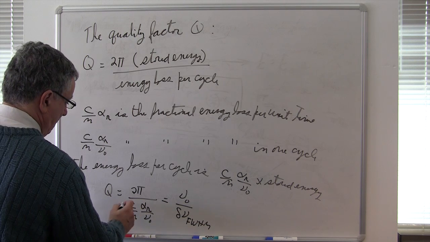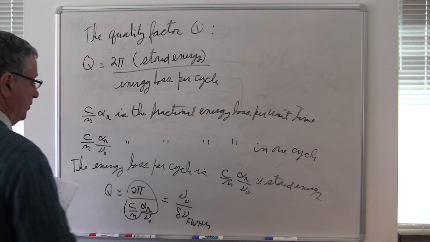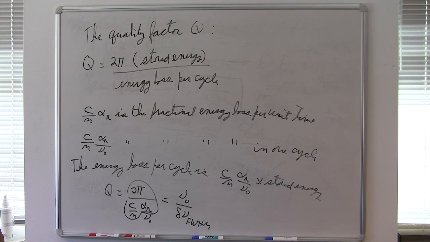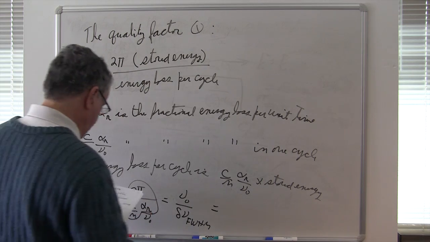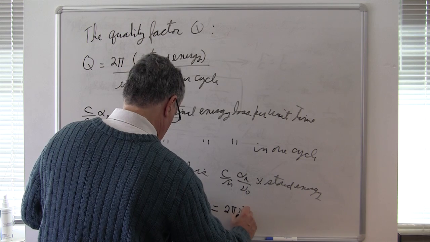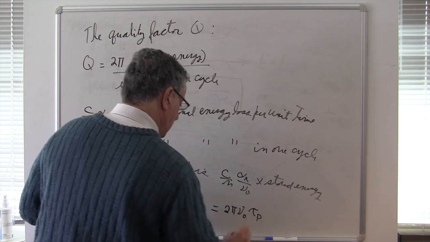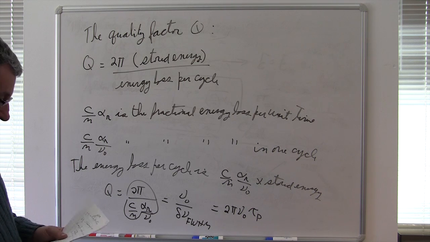So Q is equal to nu zero divided by delta nu full width half max. This can be written in terms of photon lifetime, as we have just seen: 2 pi nu 0 tau photon. That's another way of writing Q in terms of photon lifetime.